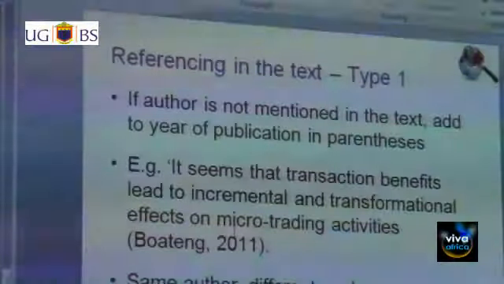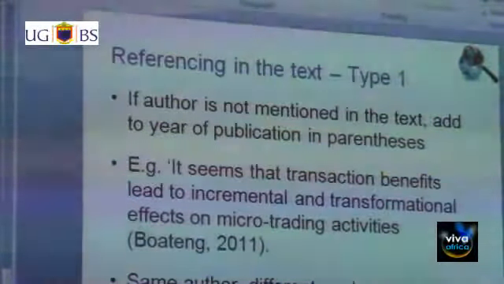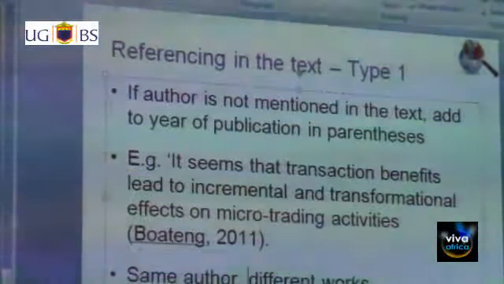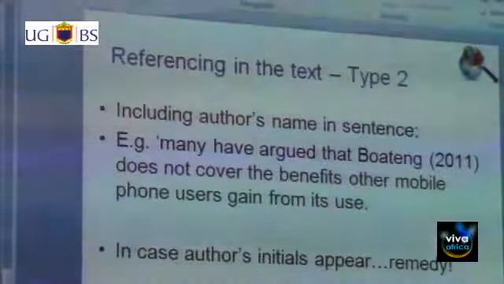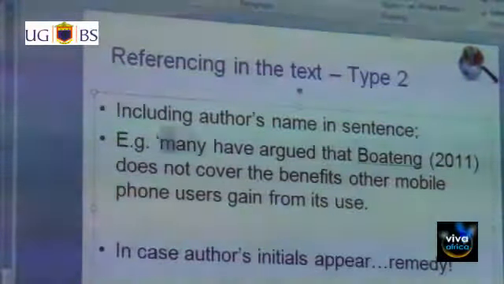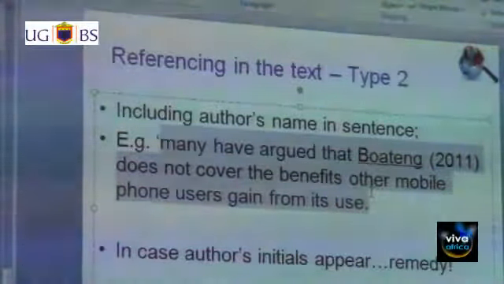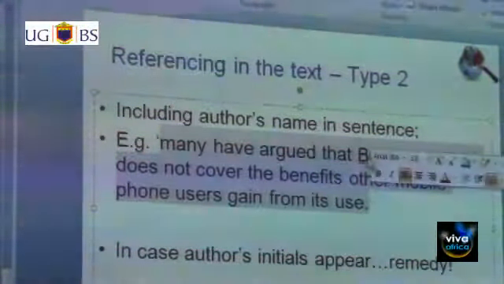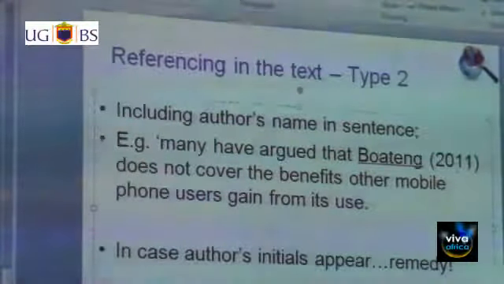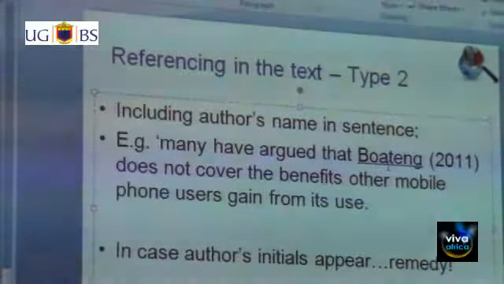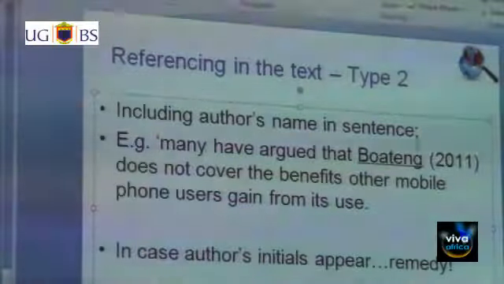One challenge is that if you wanted to do this, I'll come back to this one. If you wanted to do this, many have argued that Boateng 2011 does not cover the benefits other mobile phone users gain from its use. You see, in this case, Boateng is not part of the 2011. Word doesn't allow you to bring the Boateng out and have only the year inside. So that made me go to try EndNote.